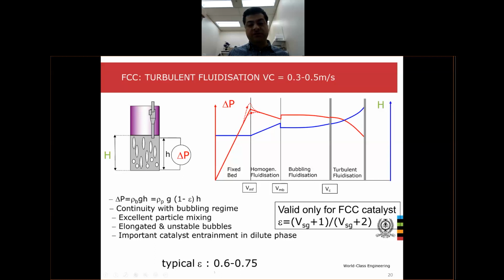Usually in the turbulent regime, gas holdup is between 60% to 75%. If you want to measure the epsilon, you can easily use this simple equation by knowing the gas velocity. You can have an idea of the bed voidage. You can see that in the turbulent regime your bubbles are kind of elongated, and since you have very high gas velocity, you definitely need to put a cyclone inside the reactor to recover entrained particles.